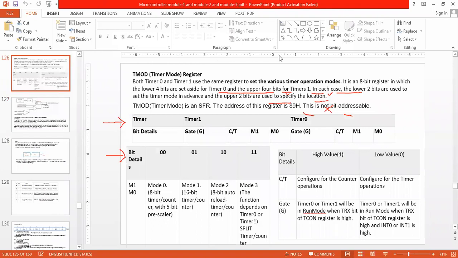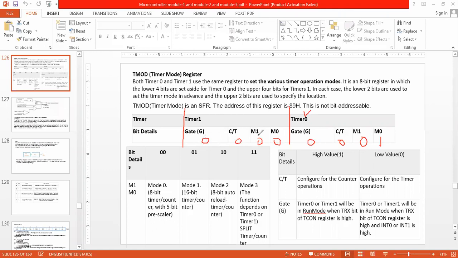See, if I am working upon timer 0, this is timer 0 and this is timer 1. I am working upon timer 0, mode 1. So this is going to be 0, 1. C/T bar should be 0. Gate should be 0. Here, I am not using this. So 0, 0, 0, and 0.